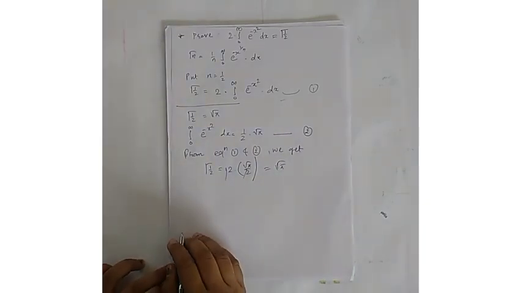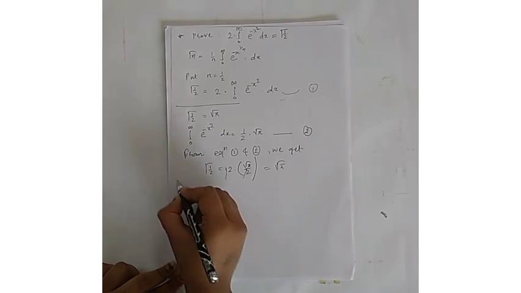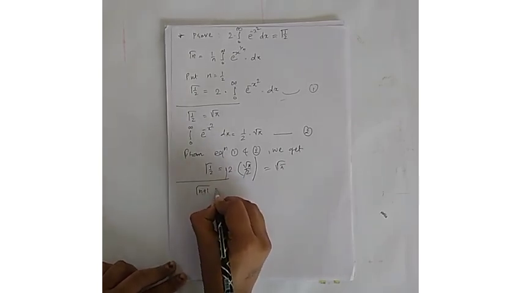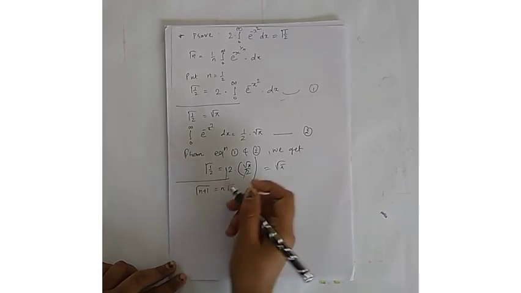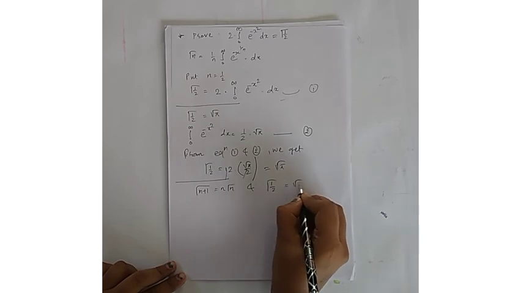So gamma 1 by 2 is equal to square root of pi. Next I have the results gamma n plus 1 is equal to n gamma n, and also gamma 1 by 2 is equal to square root of pi.